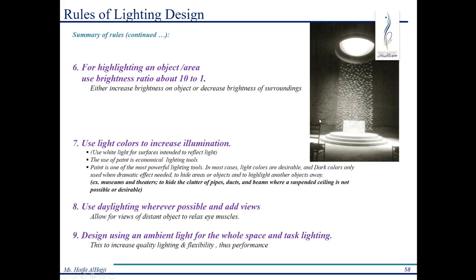Now, if you want to highlight an area, make sure to apply the correct brightness ratio, as we can see here. It's 1 to 10, or like we've seen before, the Museum of Mummies in Egypt, for example, showing Egyptian artifacts. Use light colors to increase illumination.